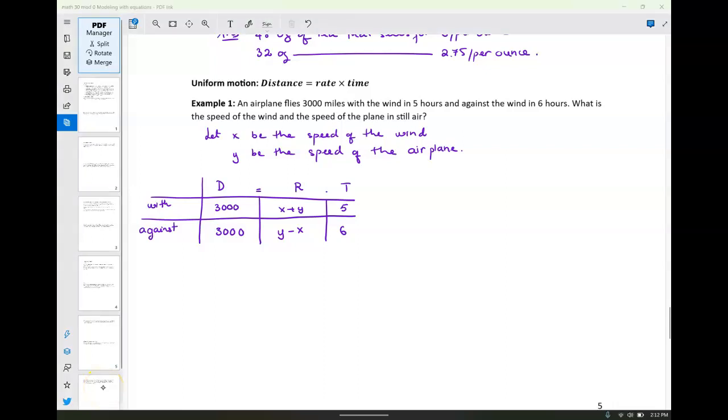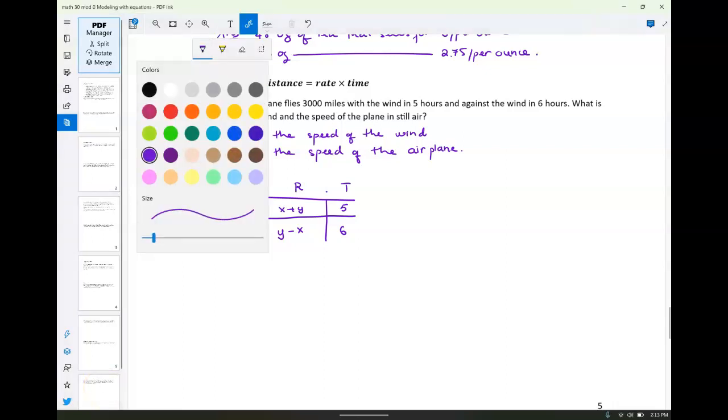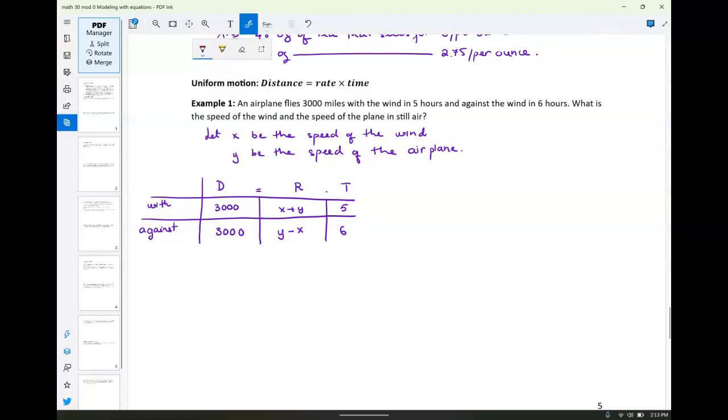Well, in the first row, I can come up with the equation: distance is equal to rate times time. The same thing applies in the second equation.